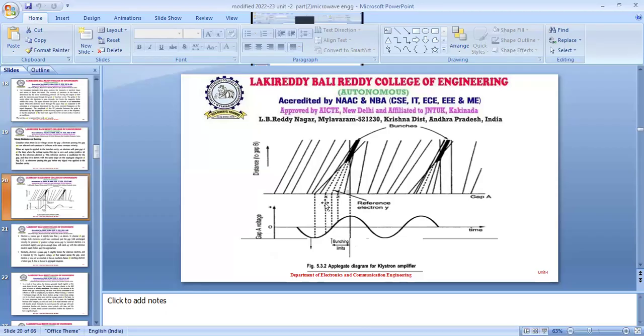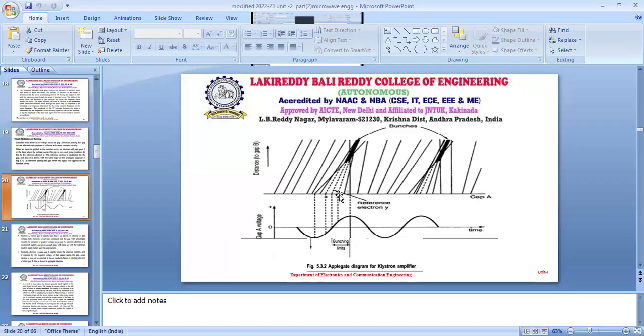It means the electron X is decelerated. And coming to the Y electron, this Y electron is interacting with the RF signal at zero voltage. So there is no change in the velocity of the Y electron.